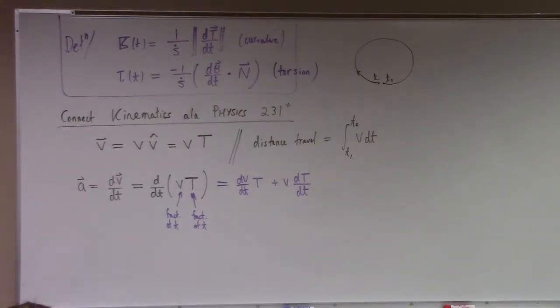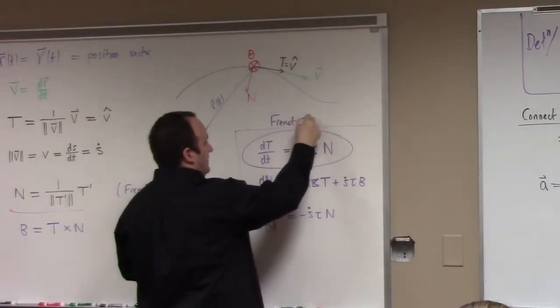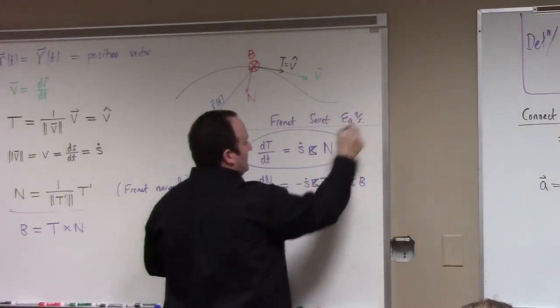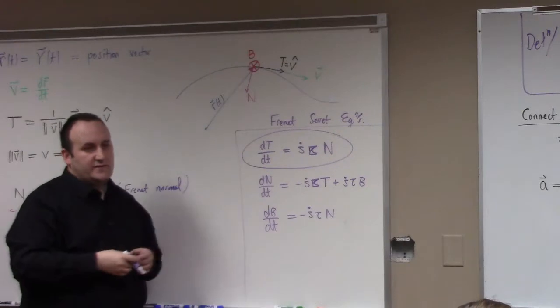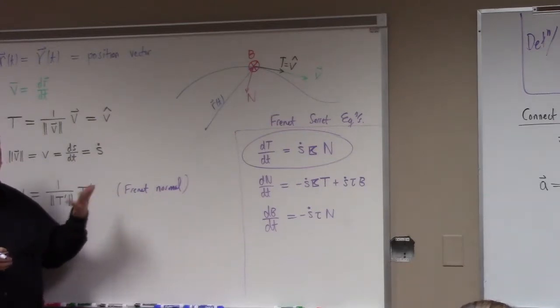But this is where the Frenet-Serret equations come into play. See, dT/dt is not just any old thing. It's related to the normal according to the first of these, the Frenet-Serret equations, which we could derive by simple application of the calculus that I've half proved for you, and dot product arguments. It's not hard to derive these. It's in my notes.